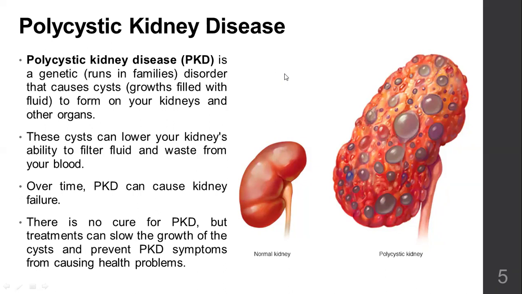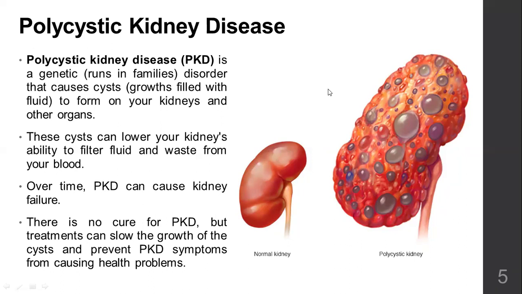It is genetic as well. It runs in families, and it causes cysts, that is growths filled with fluid, to form on your kidneys or sometimes on other organs as well. Even in polycystic ovarian disease, the same kind of cyst will appear in the ovaries of females.